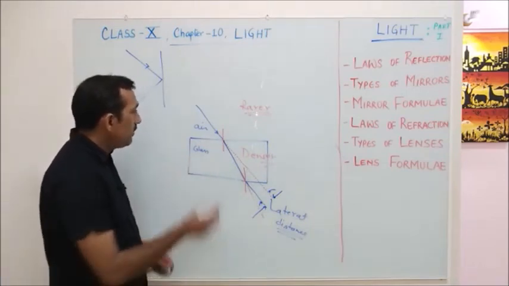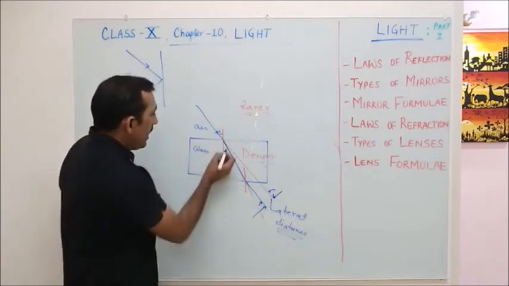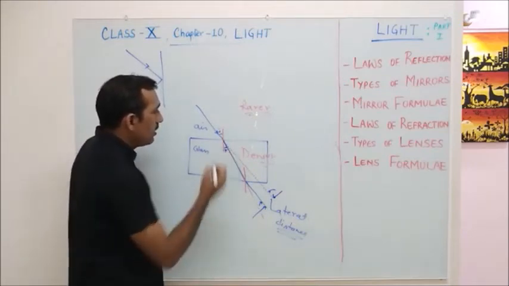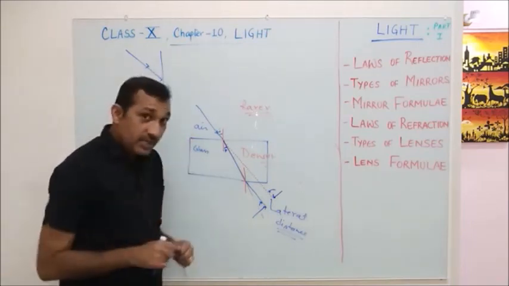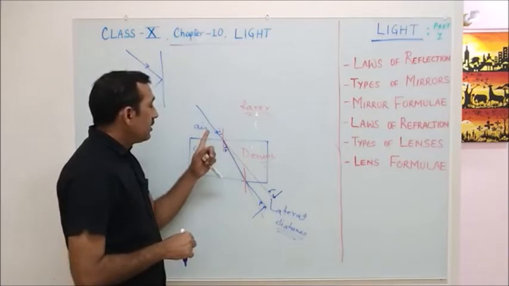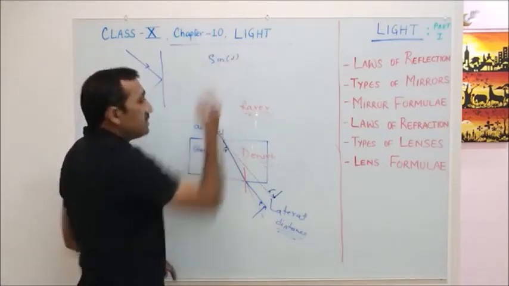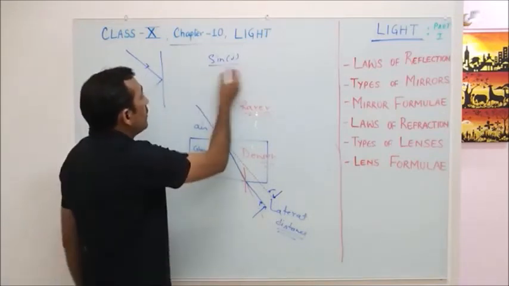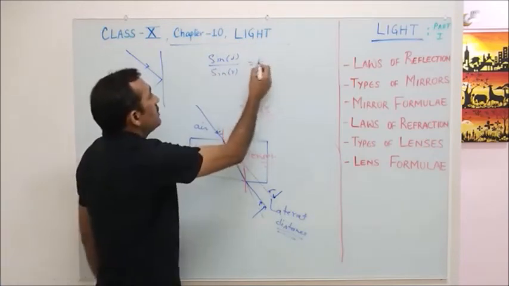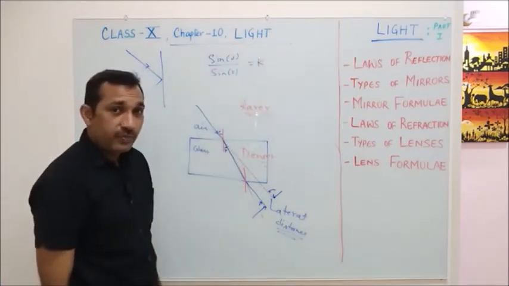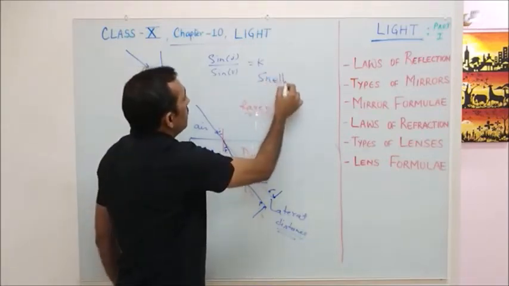Second law is, if this angle is angle of incidence and this angle is angle of refraction, the second law says the ratio of sine of angle of incidence to the sine of angle of refraction is always constant. And this is also called Snell's law.